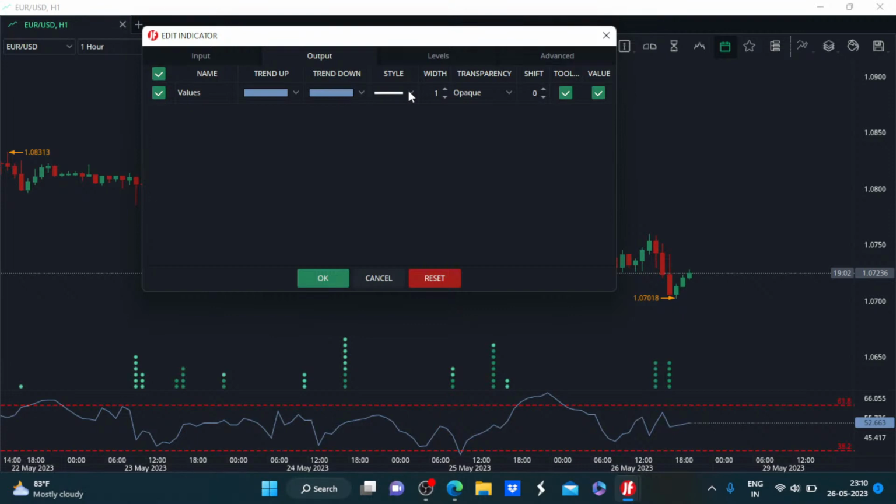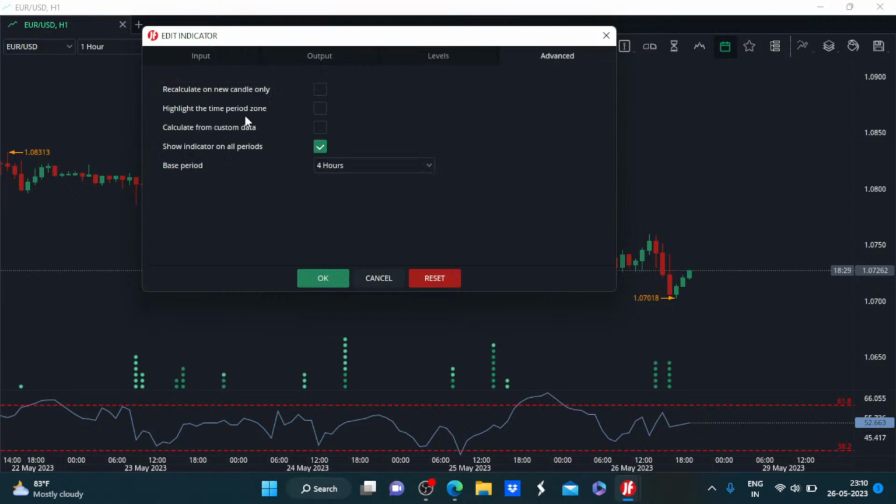Advanced editing options: recalculate on new candle only, highlight the time period zone, and calculate from custom data. First two options are not going to make much of a difference, but this third option, calculate from custom data, is quite important. You can choose the options of using the instrument from the chart or defining it.